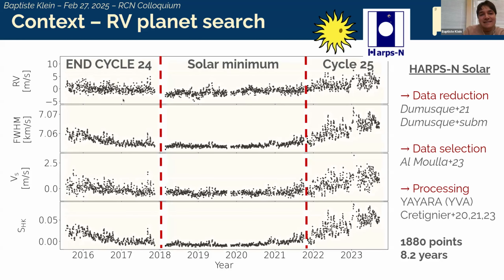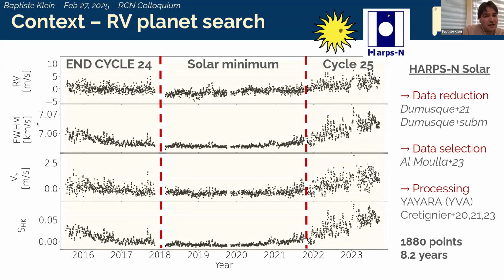So you can separate this data set into kind of three parts. The first one will be the end of cycle, the magnetic cycle 24. Then you reach a long solar minimum. And then you start with cycle 25 with a more active sun than before.